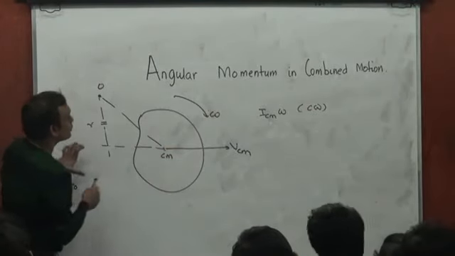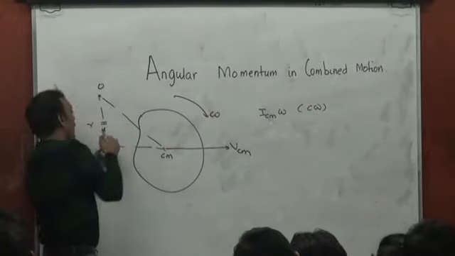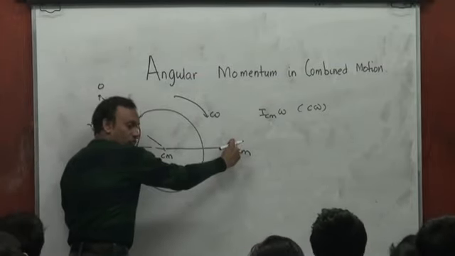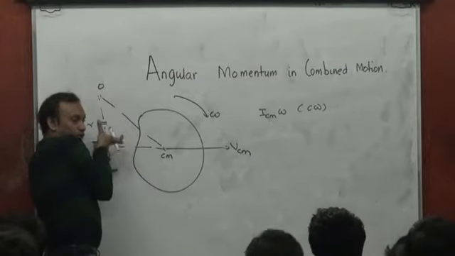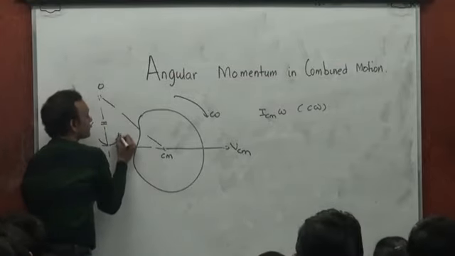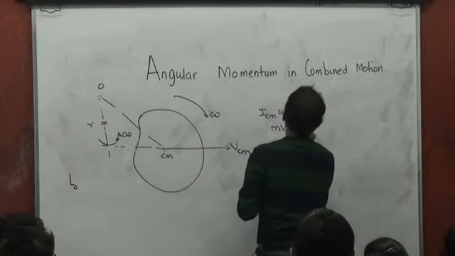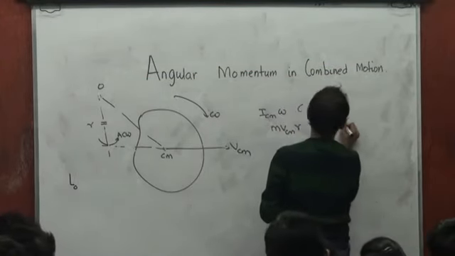Now, m v CM into r is anti-clockwise. Imagine this to be a force and this to be a rod, then this rod would rotate anti-clockwise. So there would be a component m v CM into r which is anti-clockwise.